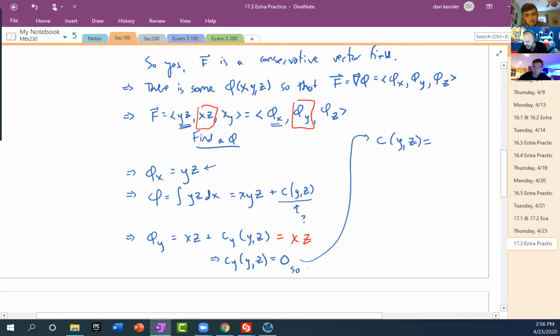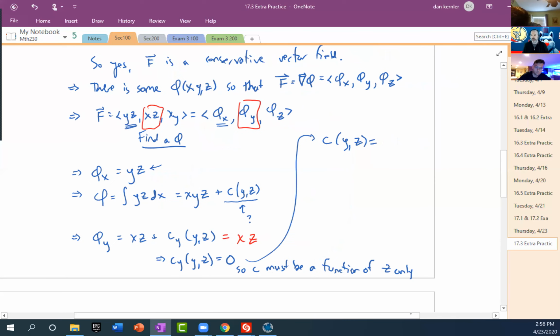Let me write it down below here. So c must be a function of z only. And it could be a constant function, to your point. Like, it definitely could be constant. So I'm going to say c must be some, well, I guess d, just some function d of z.